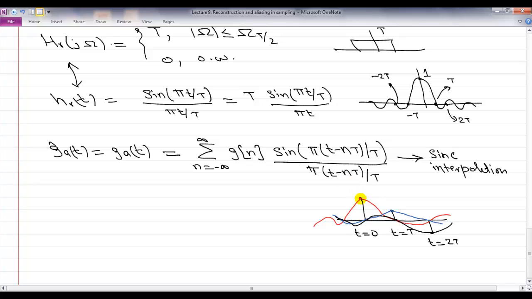And the key point to note is that at every sample value itself, all the other sincs are 0 at that value. So you are guaranteed that at the sample location itself, you exactly get g of 0, g of 1, g of 2 here, because all the other sincs have 0 values at that location. Okay.